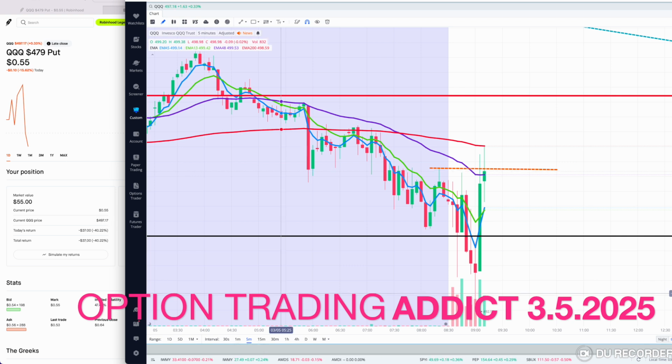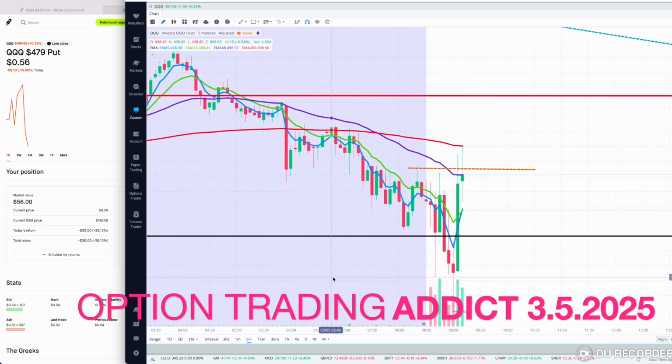Well, nothing has officially pushed to the upside just yet. Still under the 48 EMA.